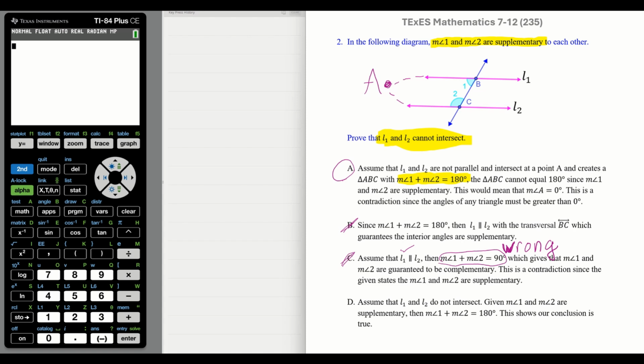This shows our conclusion. Okay, you can't do that. You just can't jump to the conclusion because you have a given. There's more to this if you've done this before. So I'm going to have to disagree with that, and let's go with A.